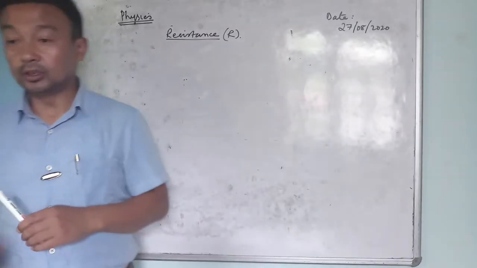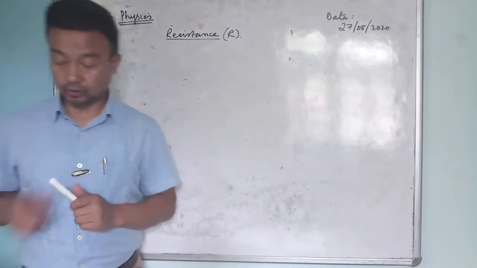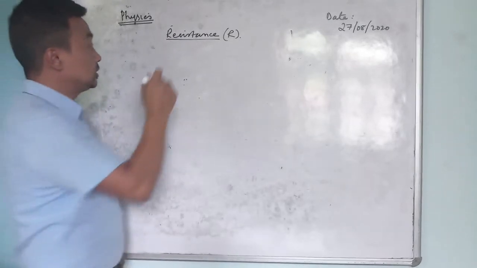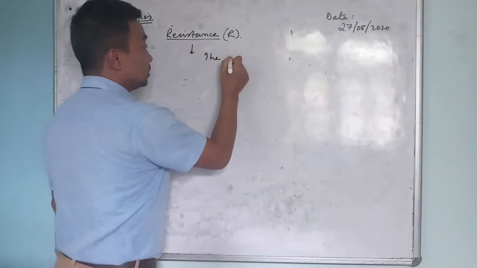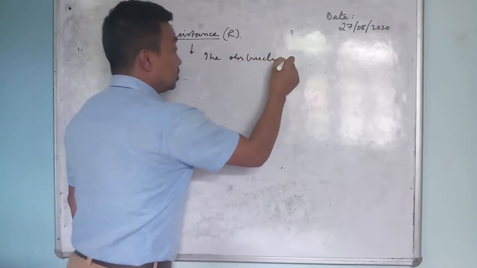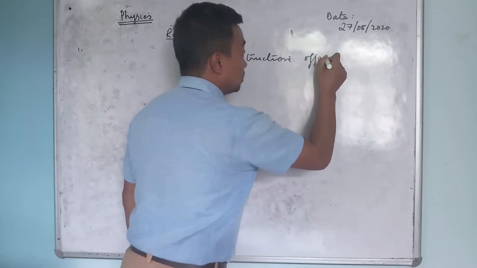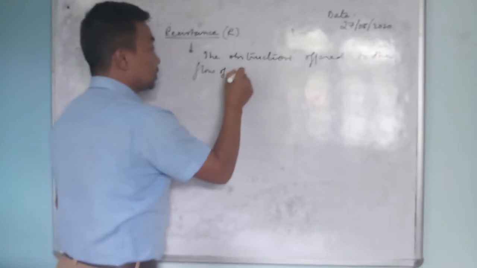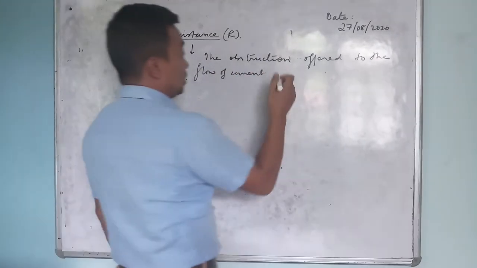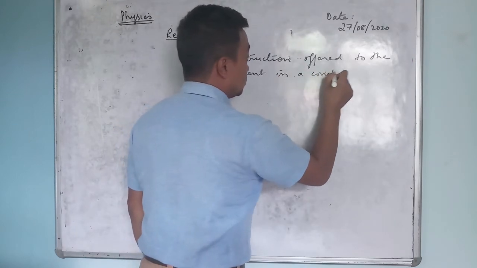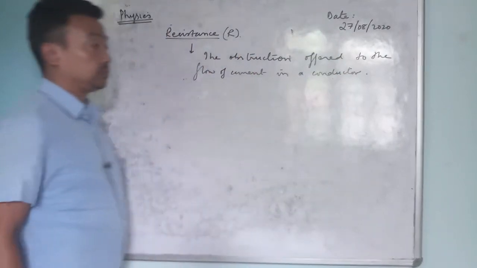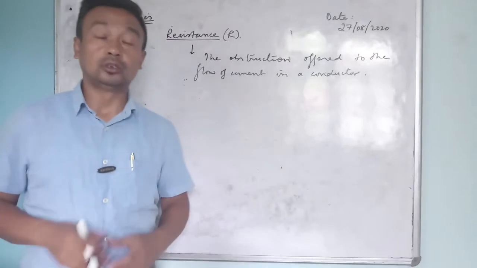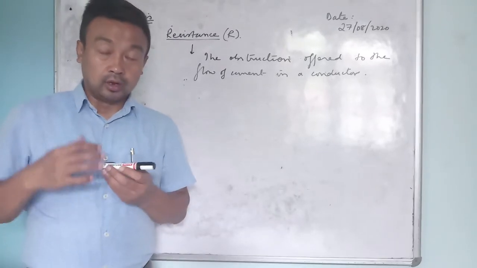So resistance is defined as the obstruction offered to the flow of current in a conductor.